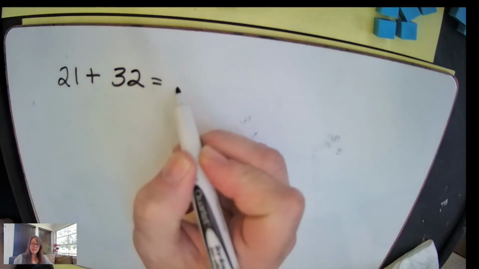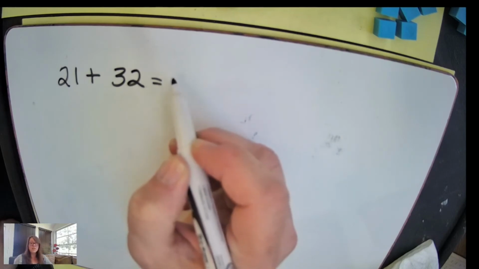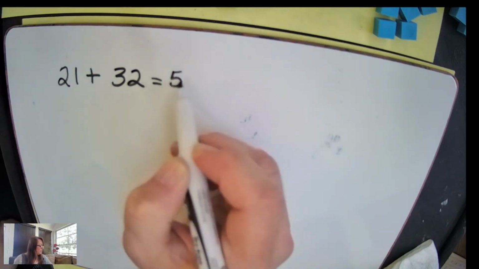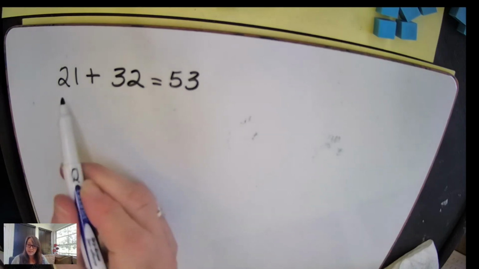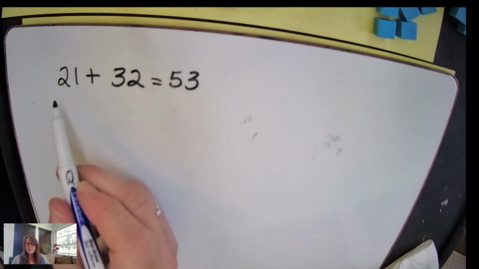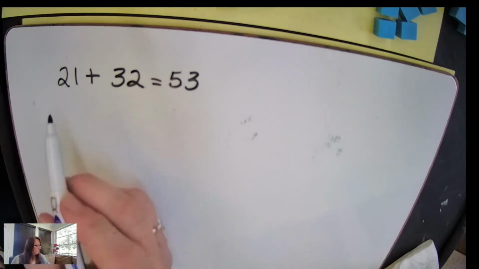We all agree 21 plus 32 is 53. Madison, tell us how you thought about this problem. Great. So Madison thought about it again as breaking the numbers apart into its tens and ones.